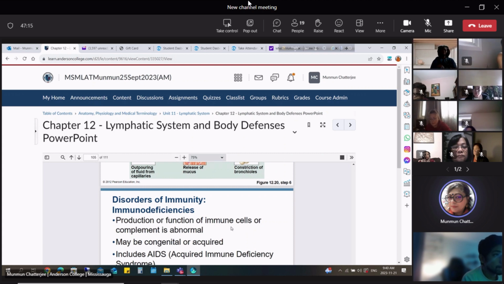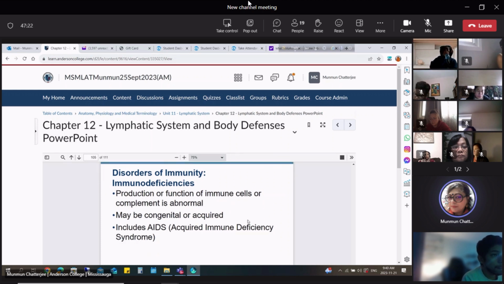It's not compatible to combat the threat of the invader. So it can be congenital or acquired. Sometimes it comes from genetics, which is deficient or abnormal.